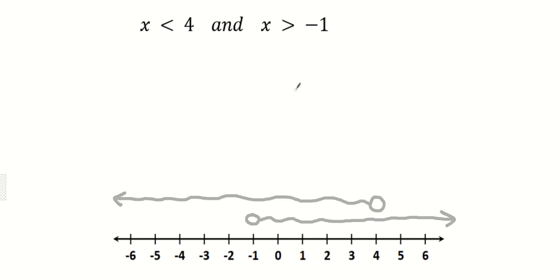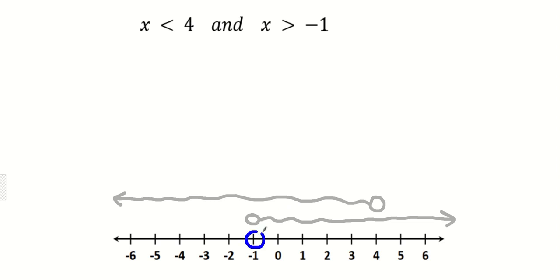If you think about what numbers are both less than 4 and greater than -1, again, the word and is a little bit stronger than the word or. So we're essentially looking at the overlap of these two graphs. We're looking at what they both have. What numbers are on both of these graphs?